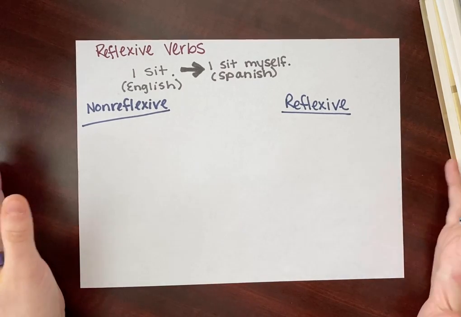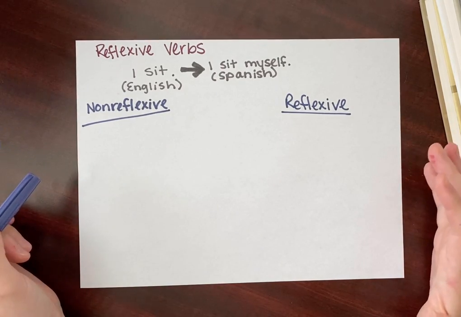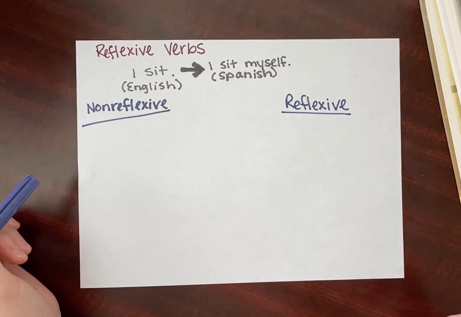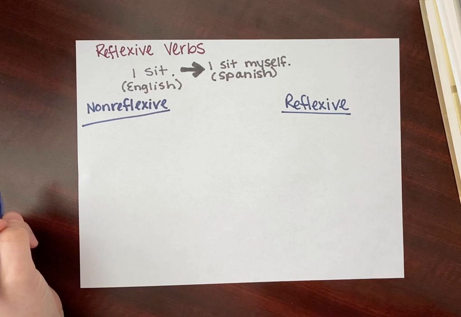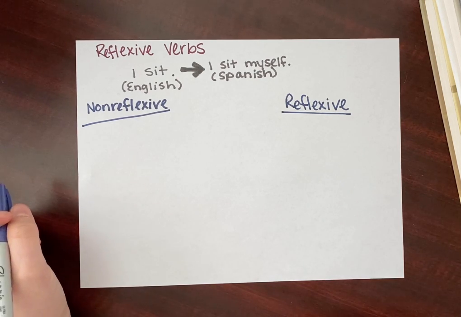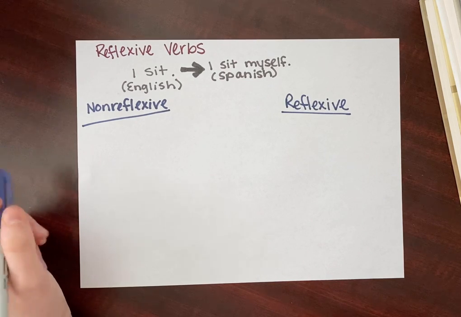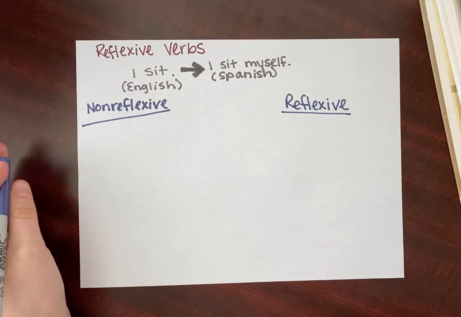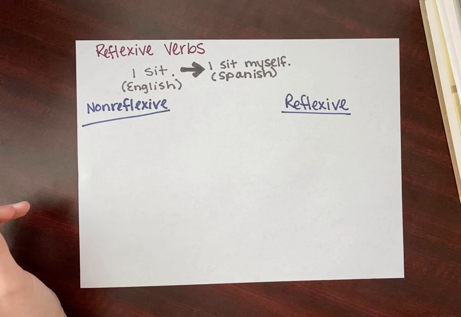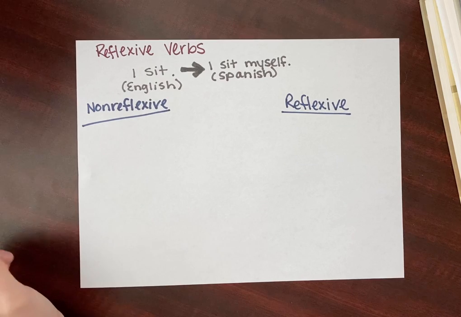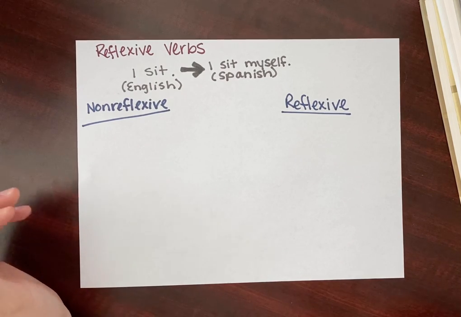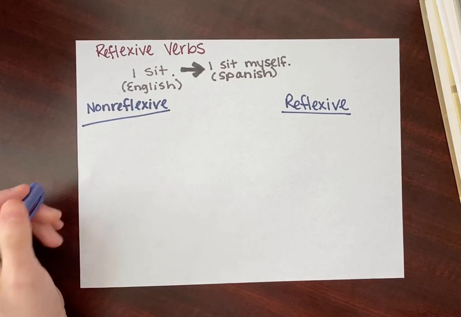So the definition of reflexive verbs is that the subject and receiver of the action, or the verb, are the same. So basically what that means is the person or thing that is doing something, the action, is also receiving that same action.